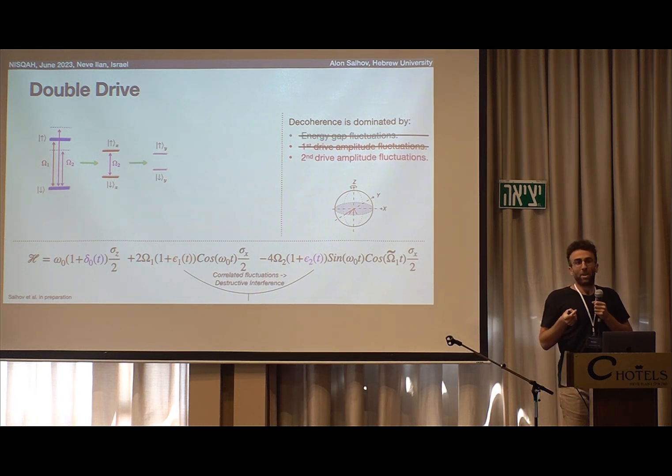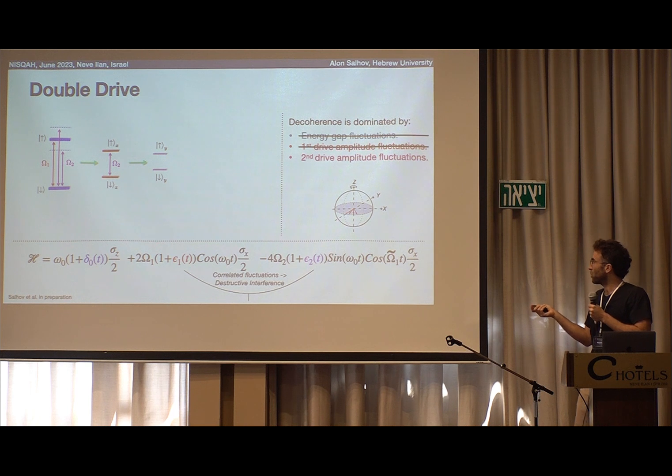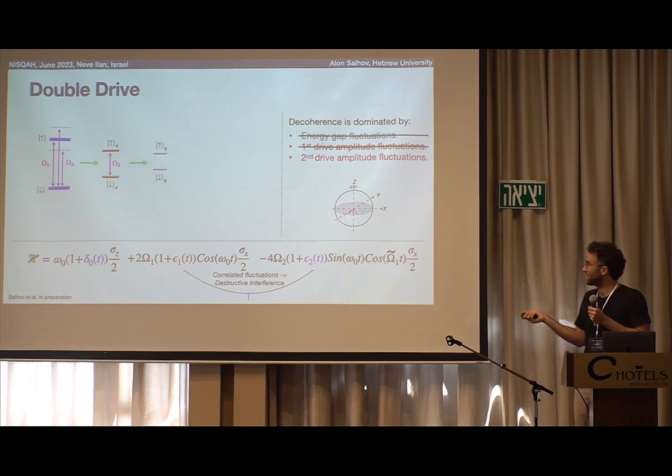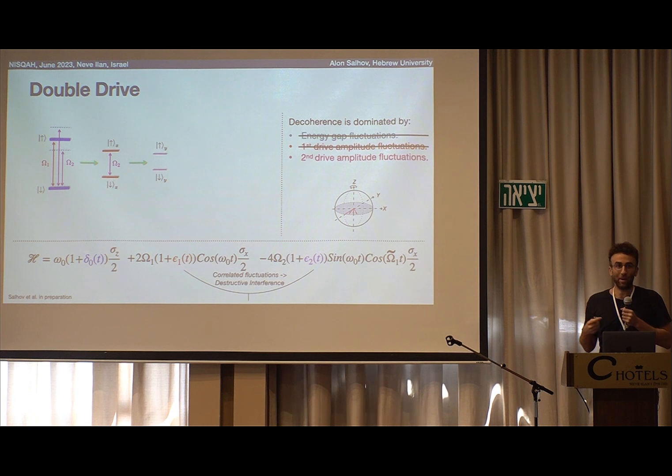Okay? But if epsilon 1 and epsilon 2 are cross-correlated, then maybe we can detune to reintroduce some of this noise, but in a fashion that destructively interferes with the second term, thereby gaining an advantage. So this is the idea.